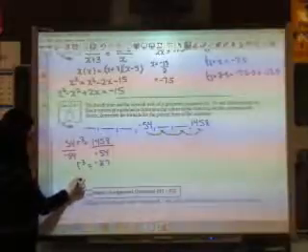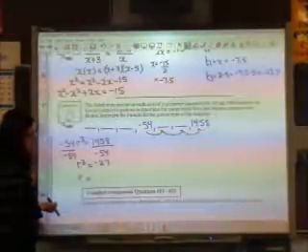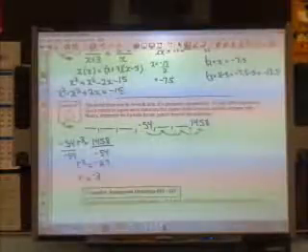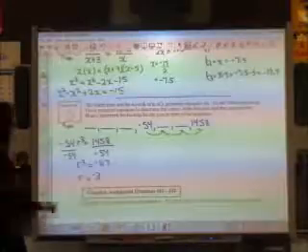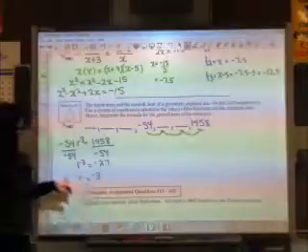And then I will take the cubed root. And what's the cubed root of negative 27? So the cubed root of negative 27 is negative 3. So there's my common ratio.